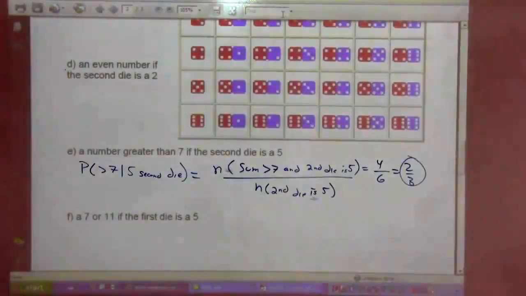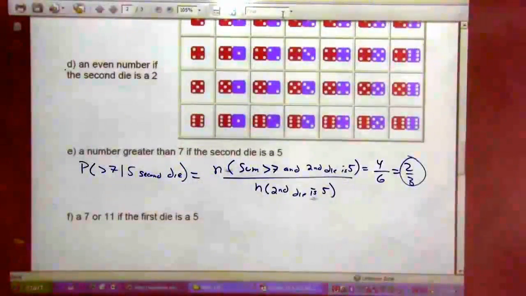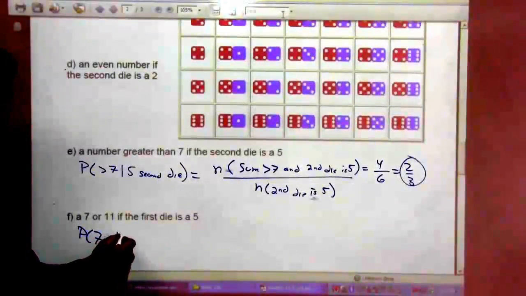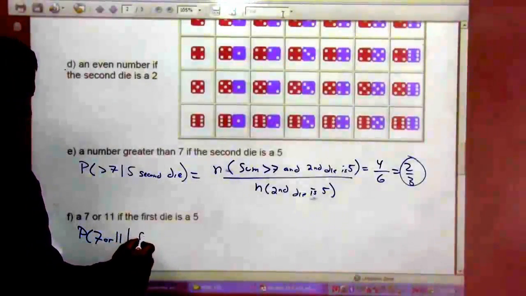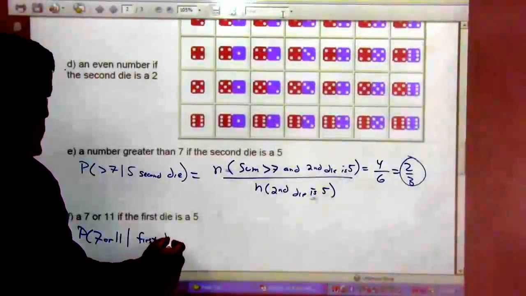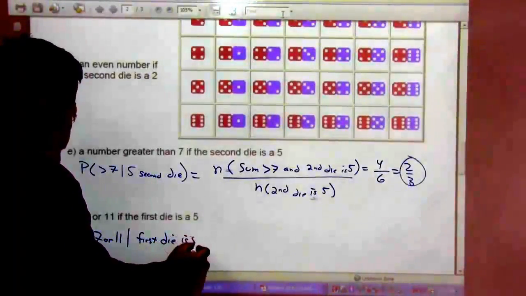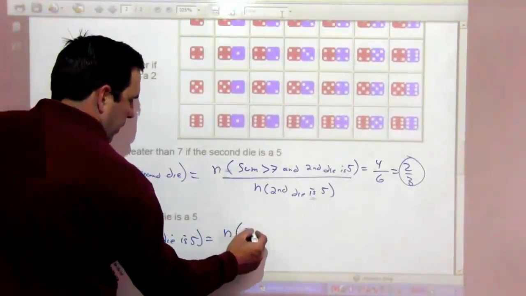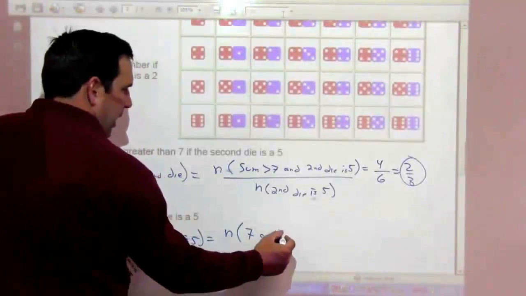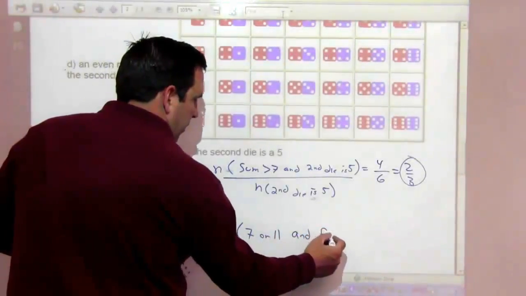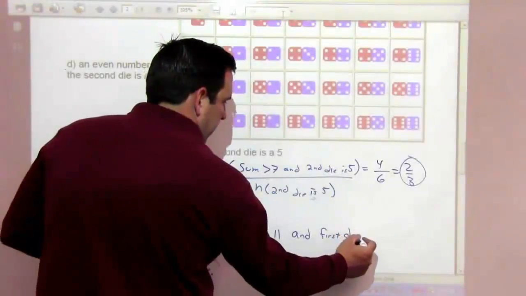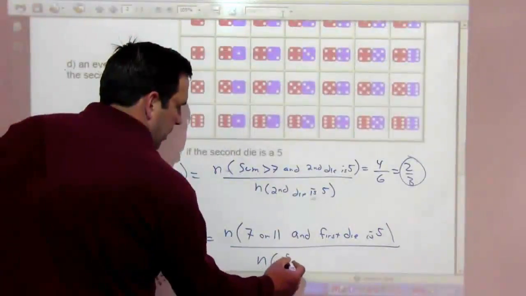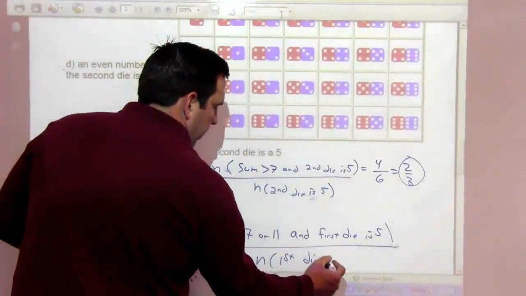And the last one, what's the probability of getting a 7 or 11 if the first die is a 5? Probability of 7 or 11 given first die is 5. That's the number of ways you can get a 7 or 11 and the first die is 5 over the number of ways you can have the first die be a 5.